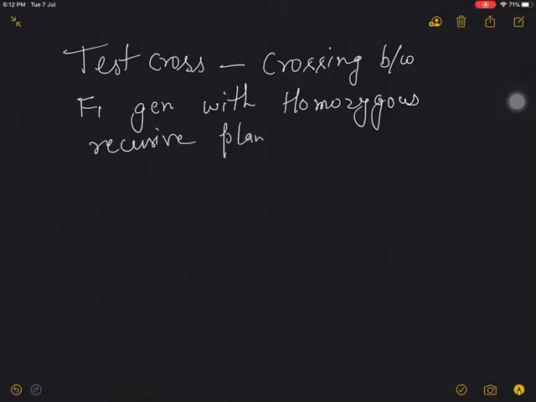So how you can find out here? F1 generation cross with this is very helpful to know about the nature of the F1 generation plant.